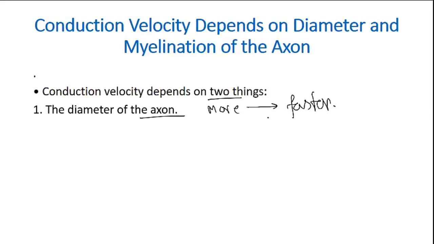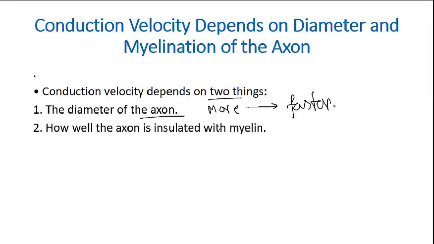And the second thing is how well the axon is insulated with myelin. Recall we talked about how myelinated axons have areas of insulation interrupted by areas of bare axon called the nodes of Ranvier. If you look at the same structure here, those are the sheaths covering, and some parts are blank; those are the nodes of Ranvier. Now in a myelinated axon, the charge flows across the membrane only at those nodes.